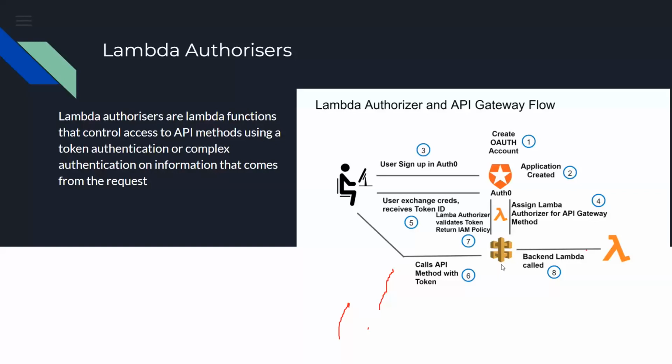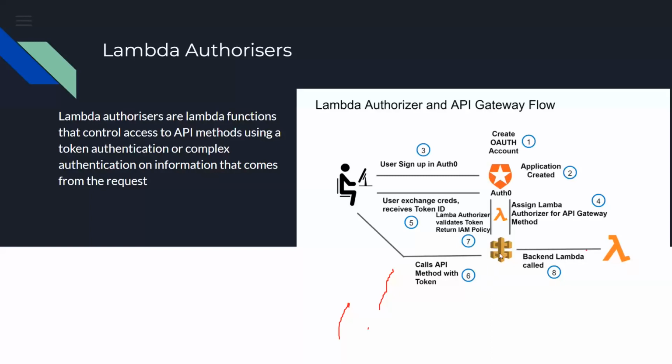So that's why I said the main difference between the Lambda authorizers and the Cognito identity pool is that instead of using Cognito as the authentic identity verifier, we can use an external identity verifier.